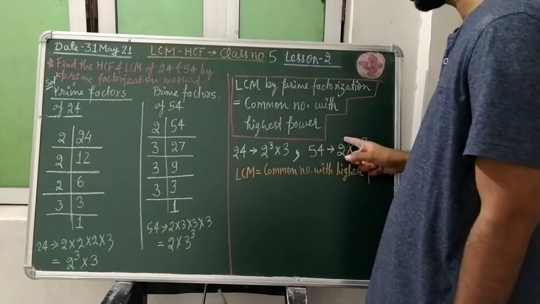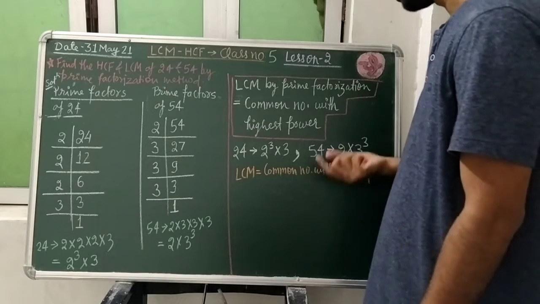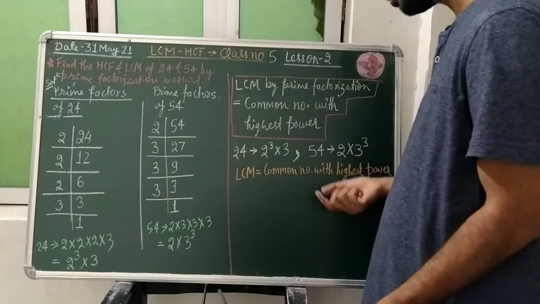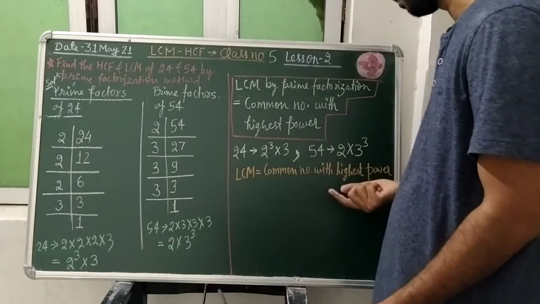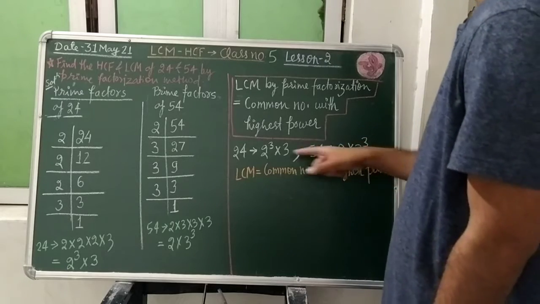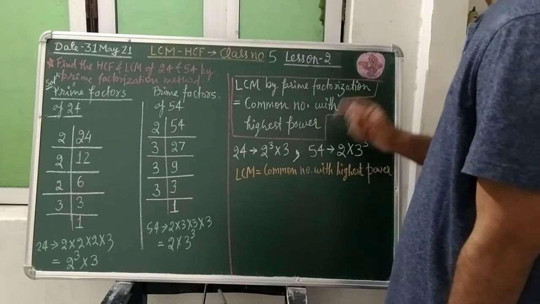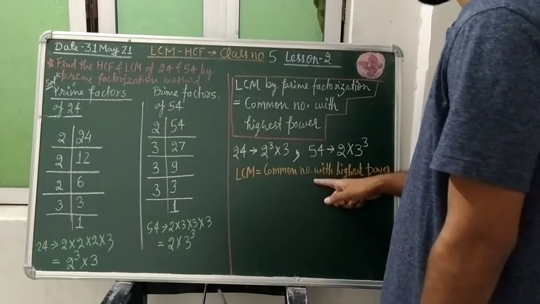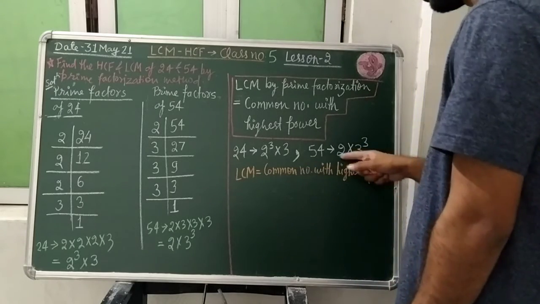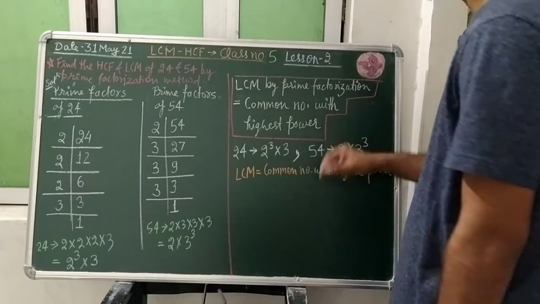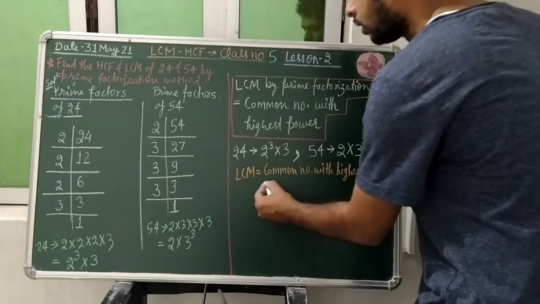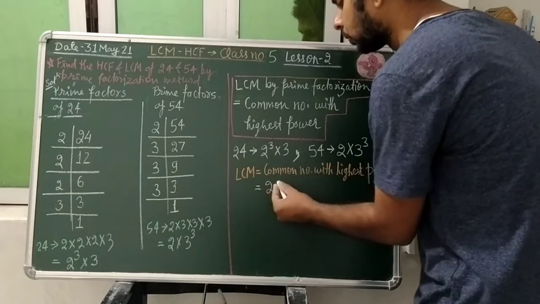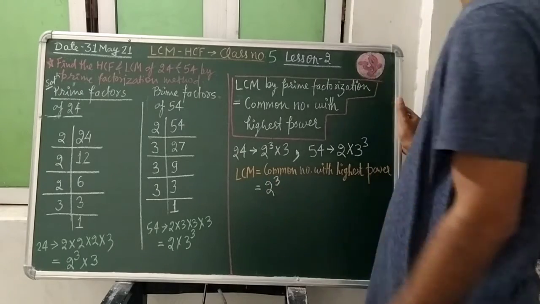You can say that the 2 is present only one time. So 2 to the power 1, here 2 to the power 3. But students, for LCM we will apply the rule common number with highest power. So here 2 is common, but the highest power is 2 to the power 3. So we will write here 2 to the power 3.